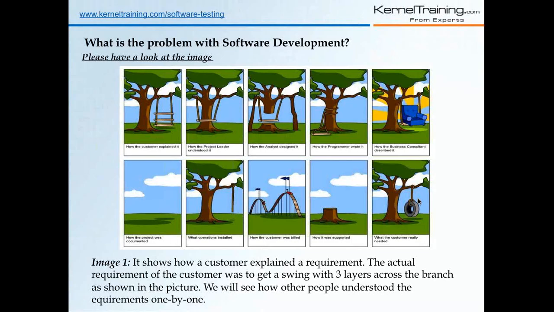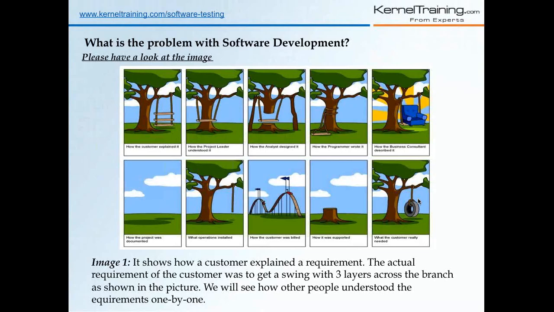Now if you go to image 2, it shows how a project leader who went to meet the customer understood the requirement. The customer wanted to have a 3, but he has put only 1, and look how he understood it.